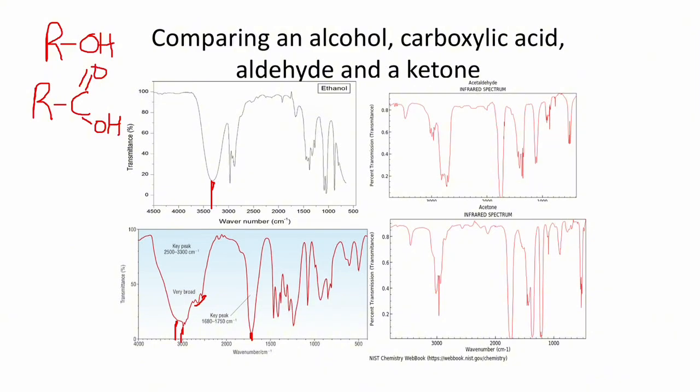So the presence of both this broad OH group and this carbon double bond to oxygen peak lets you know that this spectrum belongs to a carboxylic acid. Your fingerprint region over here would give you further information about what type of carboxylic acid it actually is.